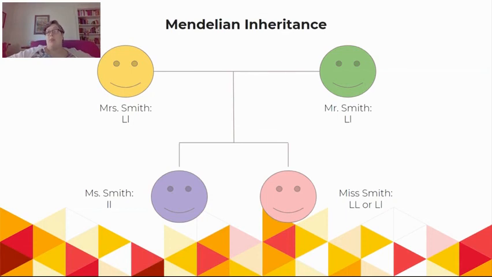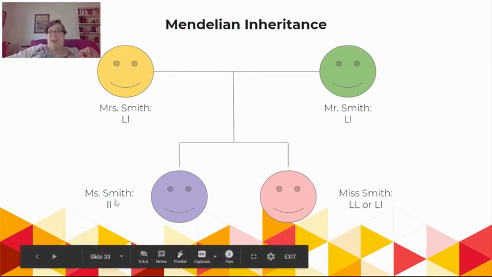I have two copies of the recessive allele. My siblings, on the other hand, could have two copies of the dominant allele, capital L, or they could be like my parents and have one copy of the dominant allele, capital L, and one copy of the recessive allele, lowercase l. Genetics is fun, right?